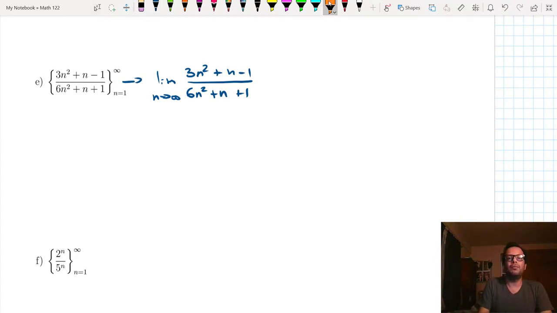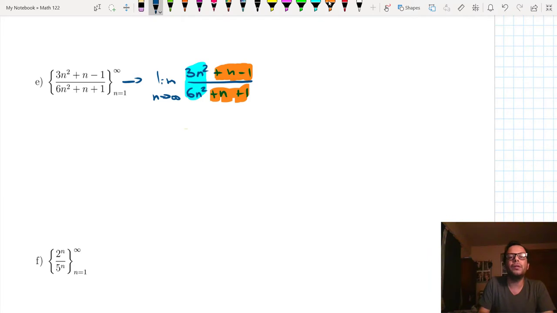One of them is to basically neglect these terms and observe the exponents, focus only on the leading terms. That is 3n squared divided by 6n squared, cancel the n squares, we get 3 over 6, which reduces to 1/2. However, we need to show this work in a more formal way.